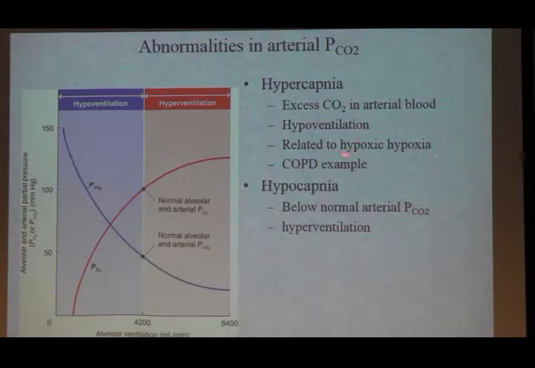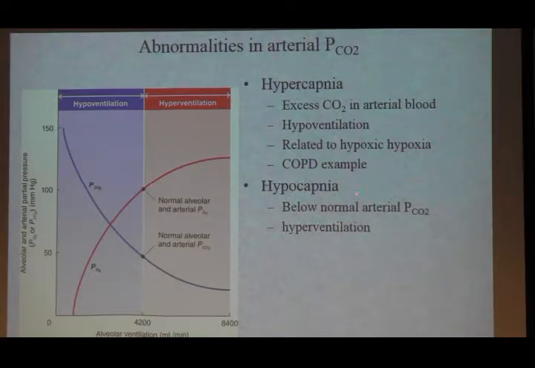It's very commonly related to hypoxic hypoxia in the sense that if there's excess CO2 in arterial blood, there's probably decreased levels of oxygen in arterial blood because of, again, impaired breathing. COPD would be an example where individuals have hypercapnia, have excess CO2 in arterial blood, and naturally, if they don't undergo oxygen therapy, they would also have hypoxic hypoxia.